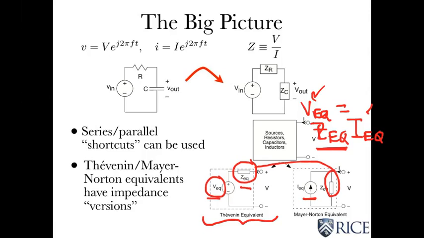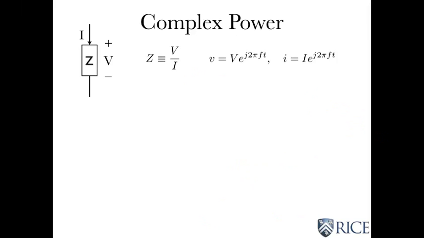Okay, well, there's something else that becomes very easy to talk about when you have complex exponential or sinusoidal sources. So again, I'm going to think about all my circuit elements as being an impedance with some complex amplitude for the voltage and a complex amplitude for the current going in.